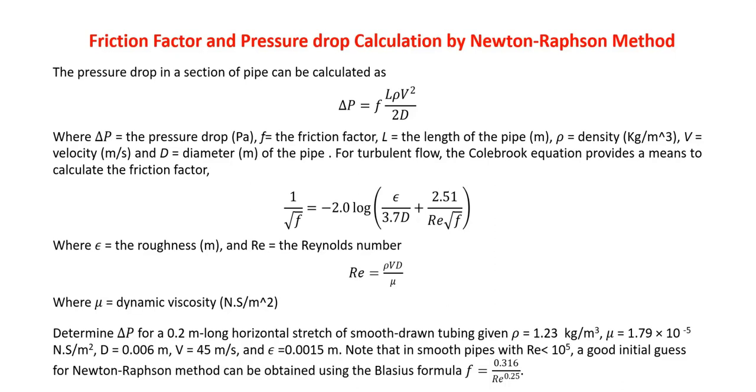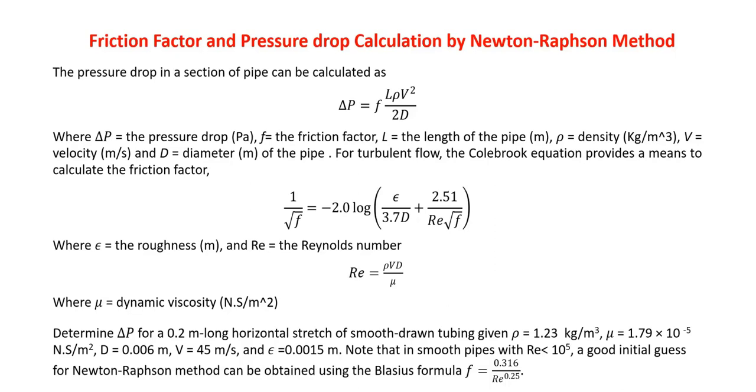Here 1 by root F is equal to minus 2.0 log of epsilon by 3.7 D plus 2.51 by Re root F, where epsilon is the roughness and Re is the Reynolds number. Re, you know that is rho V D by mu, where mu is the dynamic viscosity, Newton second per meter square.